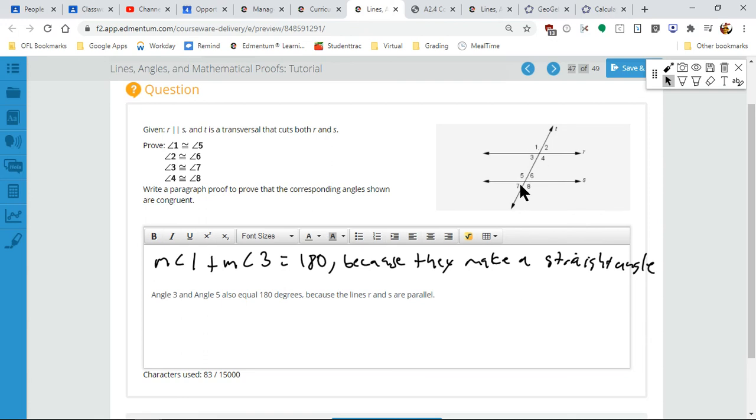Then we can say therefore angle 5 must be equal to angle 1 because we can substitute angle 5 into the first equation.